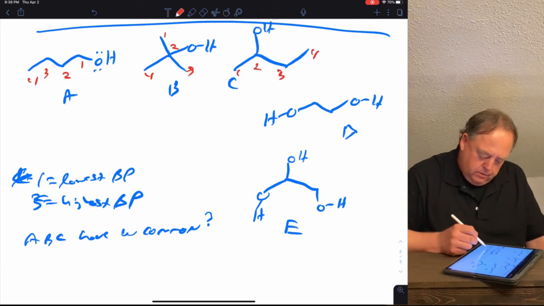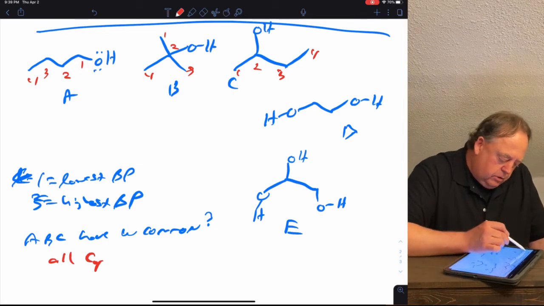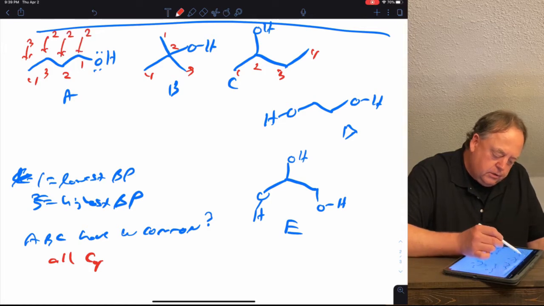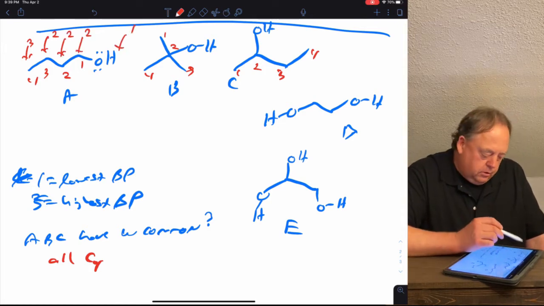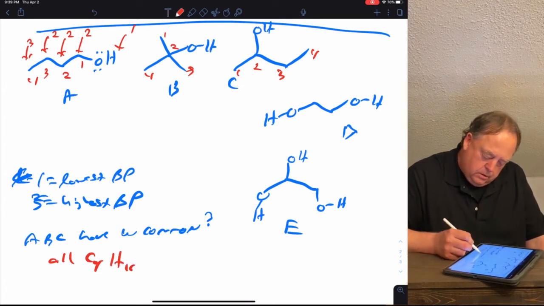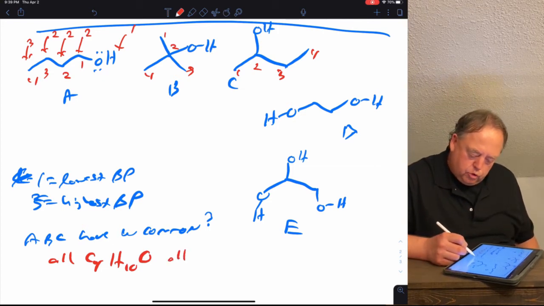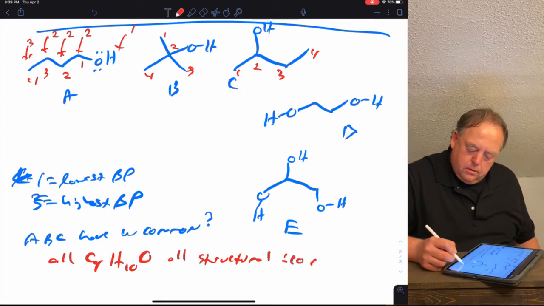So they're all C4. And if you count the hydrogens, there's 3 hydrogens there, 2 hydrogens there, 2 hydrogens there, 2 hydrogens there, 1 hydrogen there. So 3, 4, 5, 6, 7, 8, 9, 10. So they're all C4H10O. So they're all what are called structural isomers.